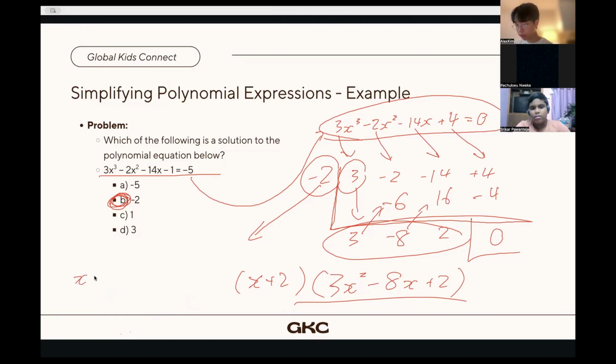The remaining other solutions other than x equals -2, we can find by the quadratic formula for this quadratic function. We get -b being +8 plus minus root, and if you remember, we got a determinant value of 40 inside the root, over 2 times 3, so 6.